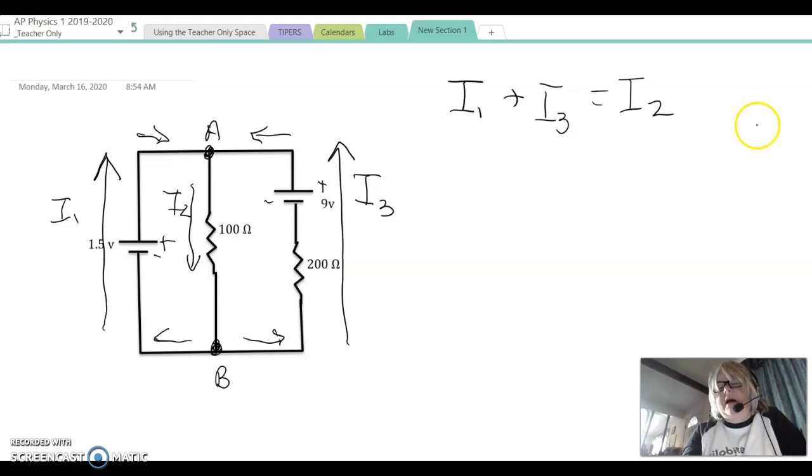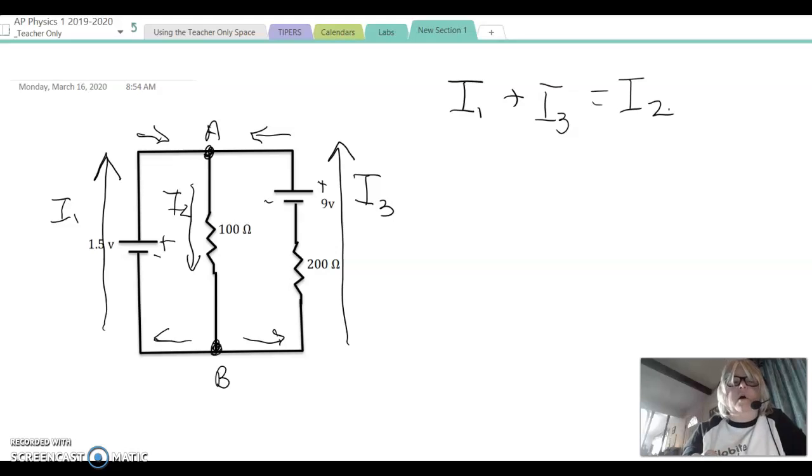So in B, I would just write this backwards. It means the same thing, as you know. So now that I know this, if I can figure out what current 1 and current 3 are, I know what current 2 is. Or if I know current 2 and current 3, I know current 1. You get the idea. So now let's see if we can figure out what those currents are.